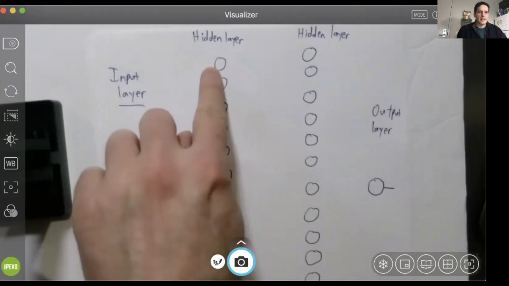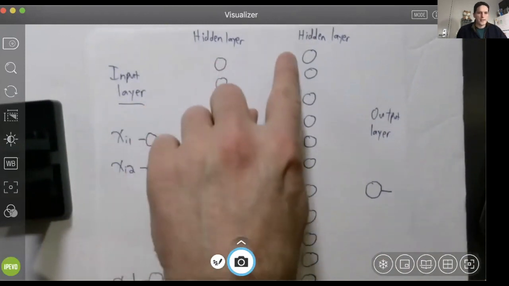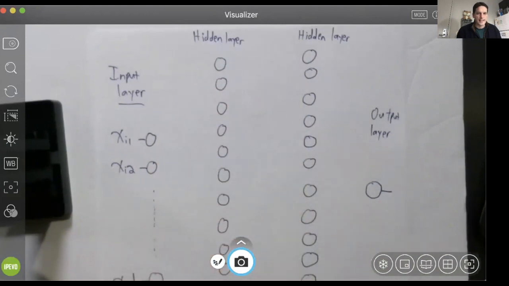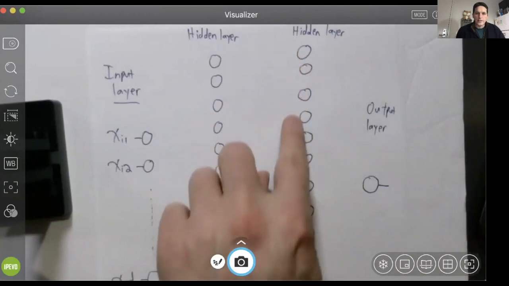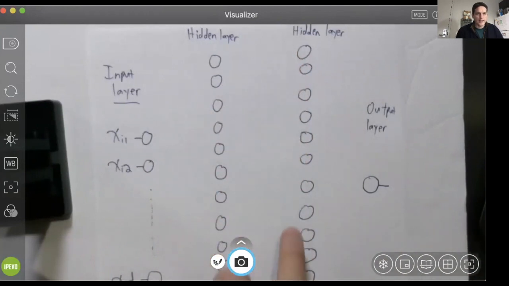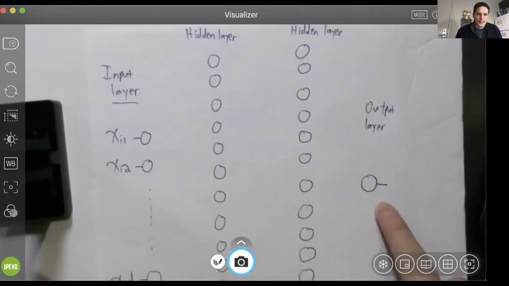So the output of this node is fed as input to each of the nodes in the next hidden layer. The output of each of these nodes in the second hidden layer is fed as input into this final node, which is the single node in the output layer.